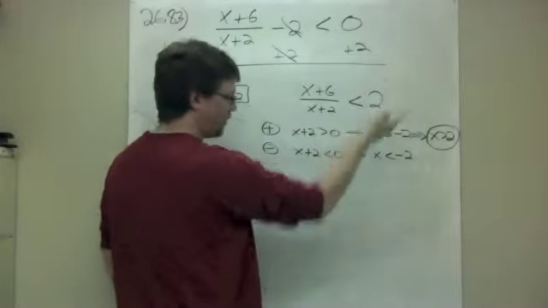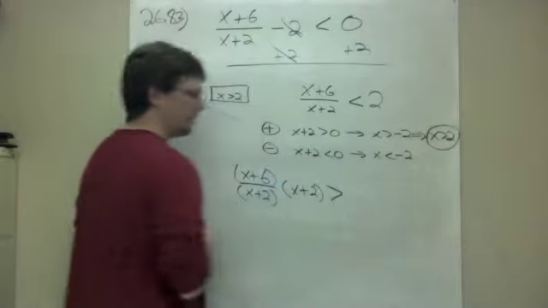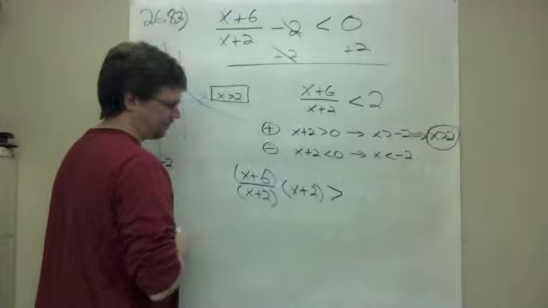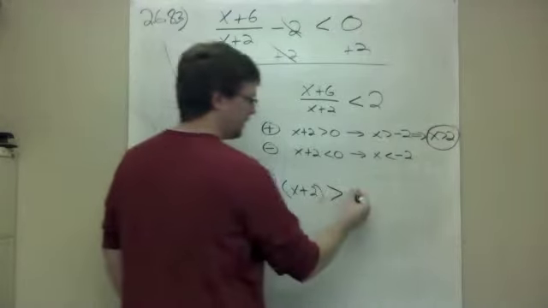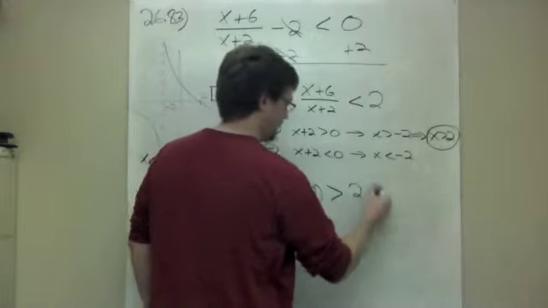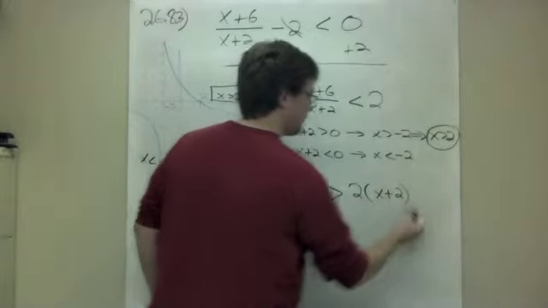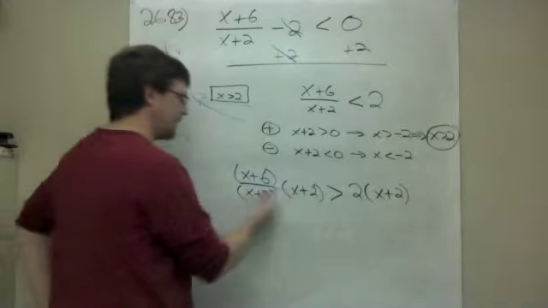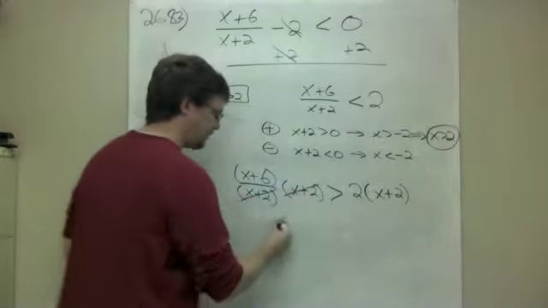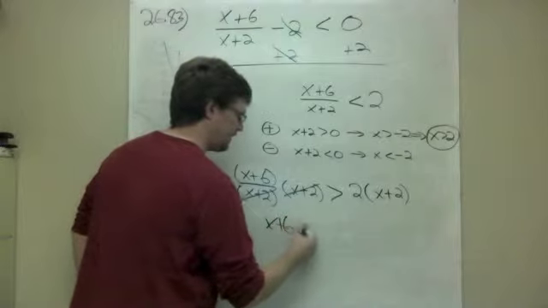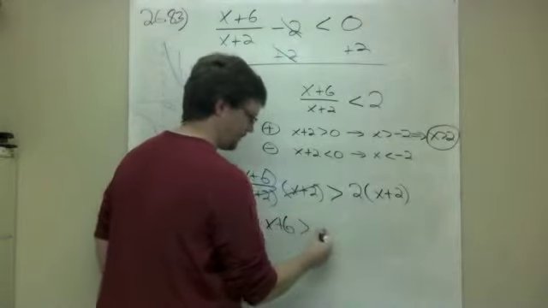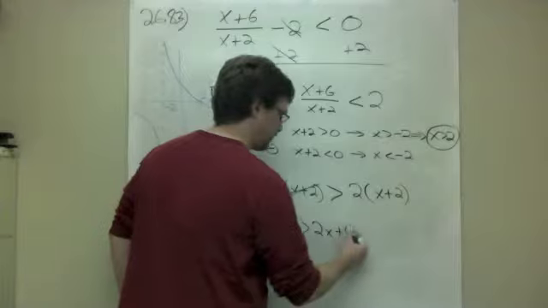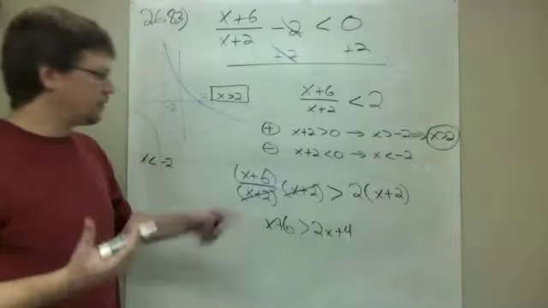We'll have to flip our sign. We're going to get 2 times x plus 2. Okay, here it's going to cancel, cancel, cancel. So we're going to get x plus 6 is greater than 2x plus 4.